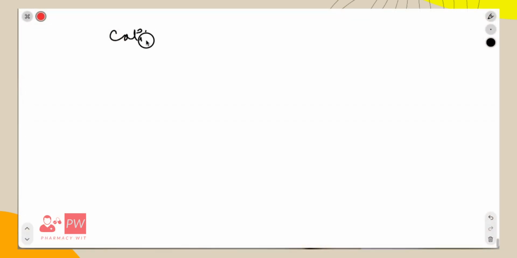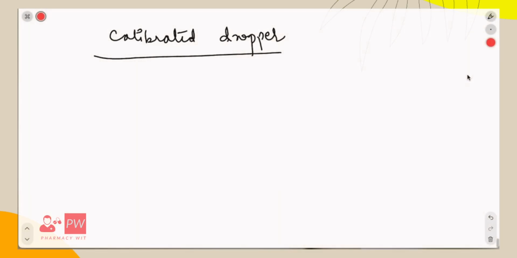Let's understand the calibrated dropper. A calibrated dropper is the only one that should be used for the measurement of medicine.